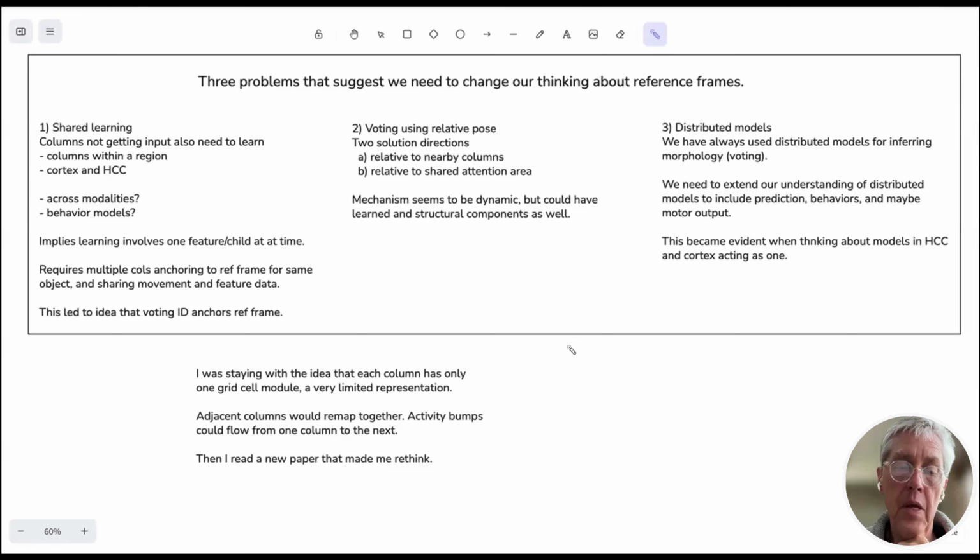Yeah. Well, I agree with that. That could definitely happen. But there's a little mystery in that too, right? It's like, oh, some region higher up that's doing multimodal. I don't know how to do that either, right? Yeah, it would still require anchoring the reference frames and sharing movement and feature data.